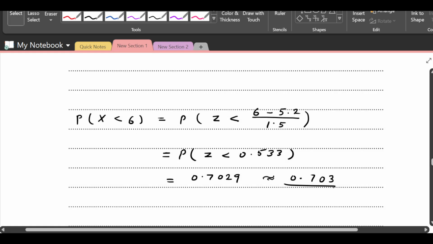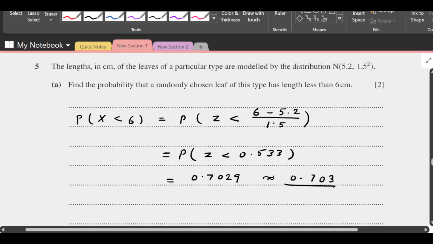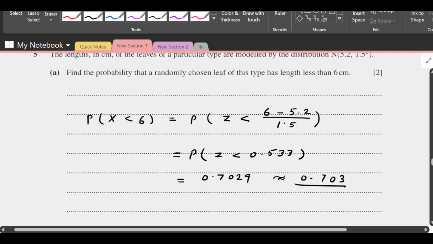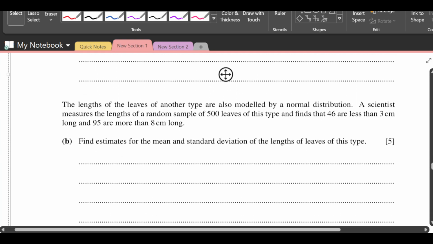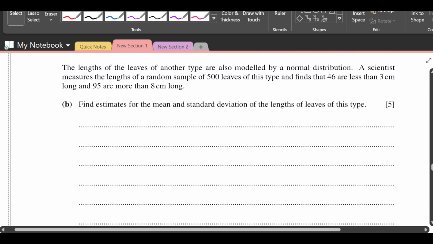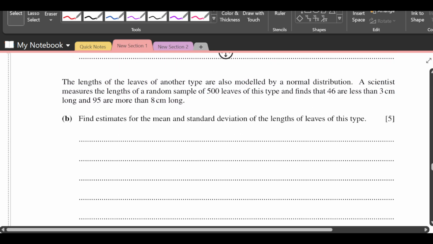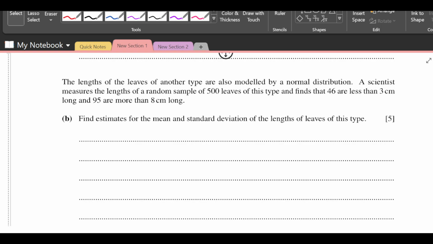Now the second part of the problem, 5b. The length of the leaves of another type are also modeled by a normal distribution.